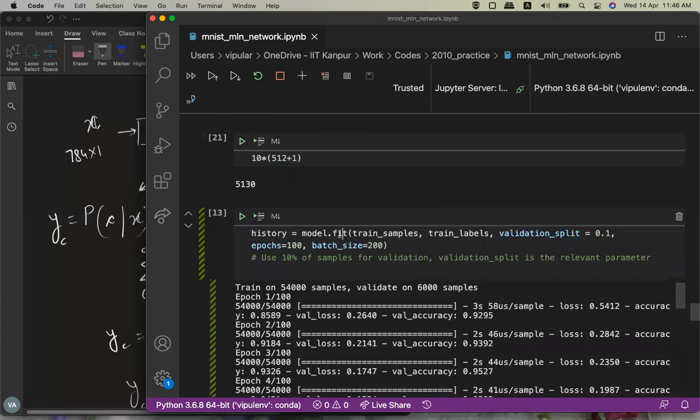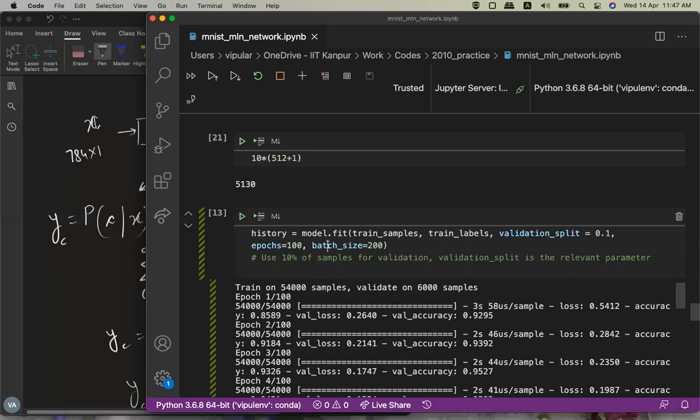Then this is the fit function. It basically runs the actual training. You have given the training samples and training labels, and you have told it to train for 100 epochs, meaning 100 times the entire training data will be seen by the optimization algorithm. You are using Adam, which creates small batches, trains on a batch, and then moves on to the next batch.